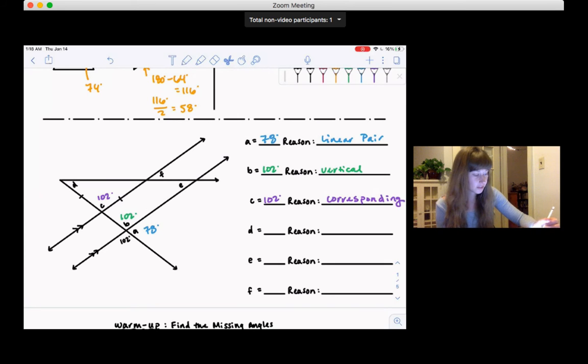All right, angle D. Now here's where we get to use our new stuff. So for angle D, we have a triangle here, and it's isosceles, which we know because we have the tick marks telling us that this triangle has two congruent sides. So since it has two congruent sides, it also must have two congruent angles.